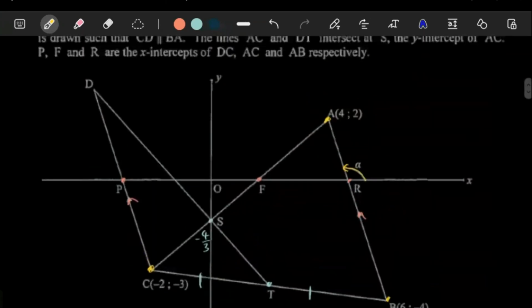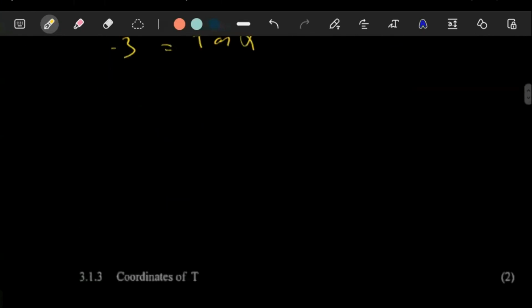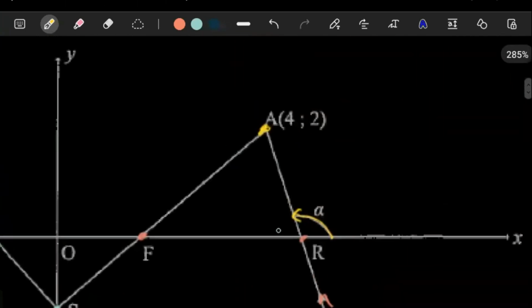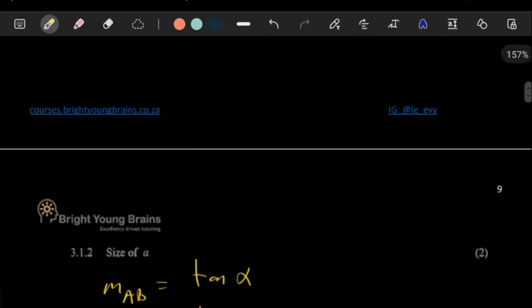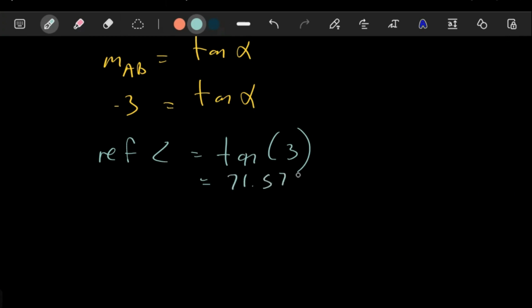The thing is, one side is acute, the other side is obtuse. So whatever you do, you have to get a reference angle by using the number 3. You say shift tan, you put 3 as a positive number, because whenever you get a reference angle, you always have to use a positive value. Shift tan of 3, you're getting 71.57.